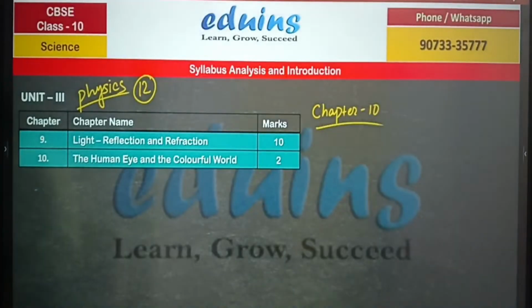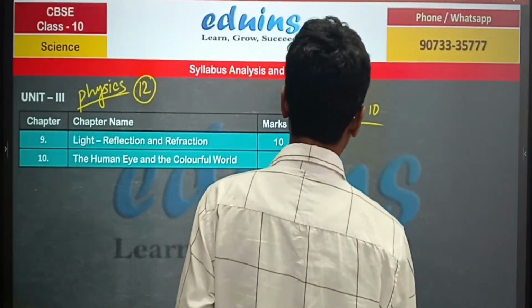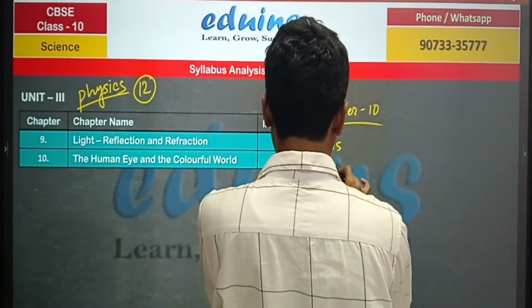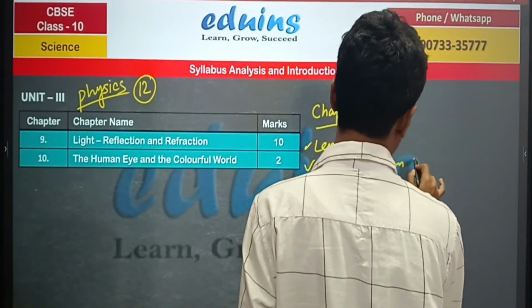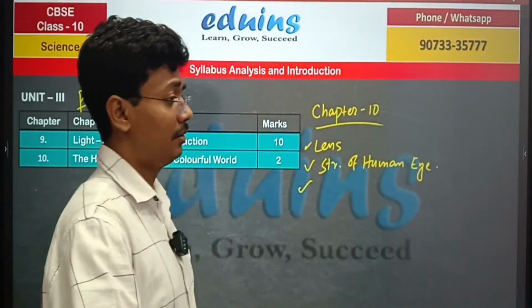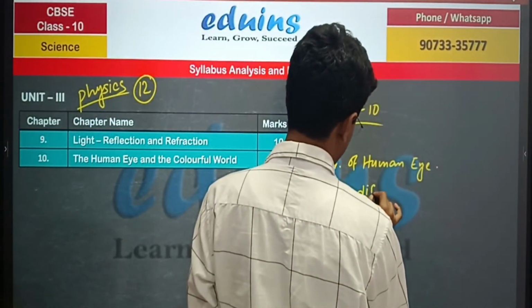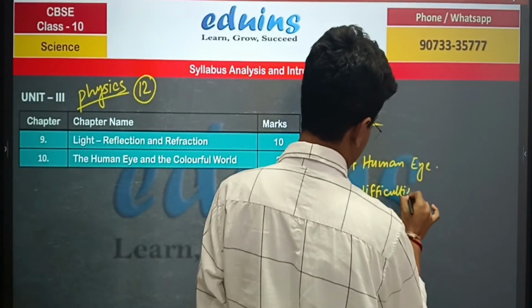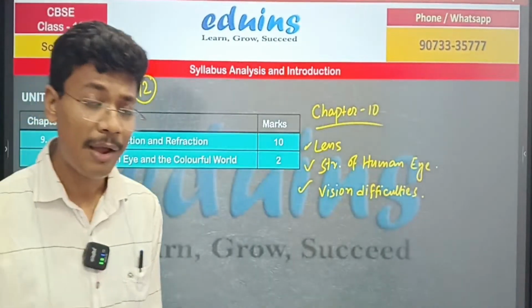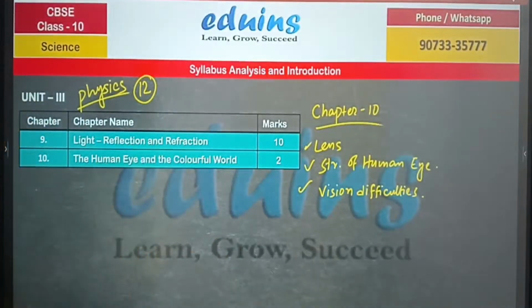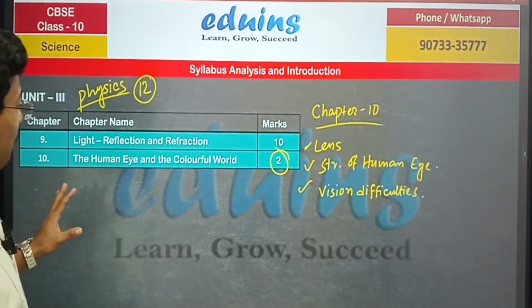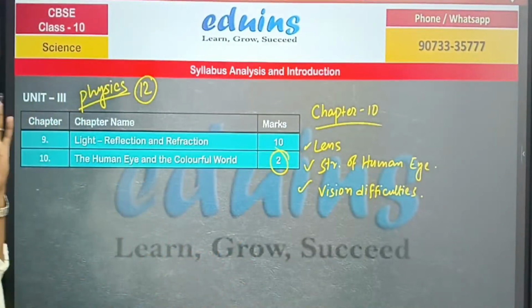From chapter 10 we will study the lens, the structure of the human eye, and the vision defects, that is hypermetropia, myopia, cataract, etc. It will be covered in this chapter, and from this chapter you will get 2 marks from the human eye and the colorful world in unit 3.